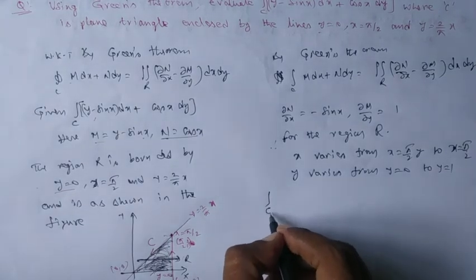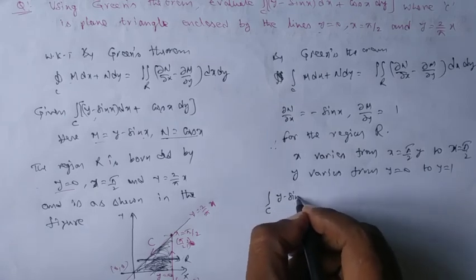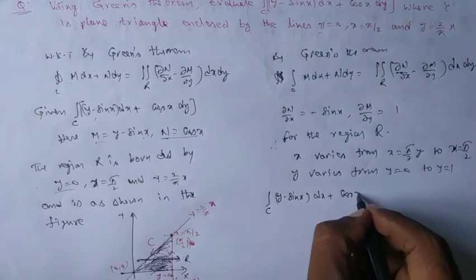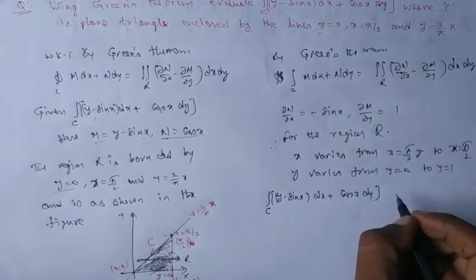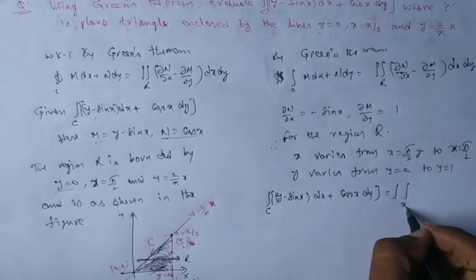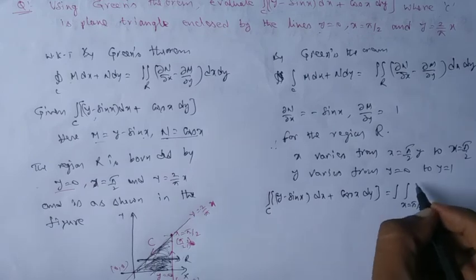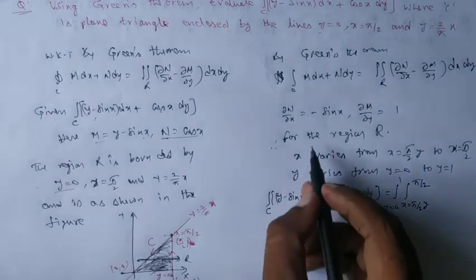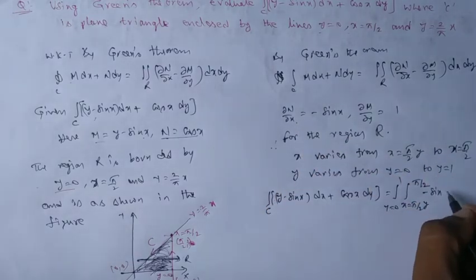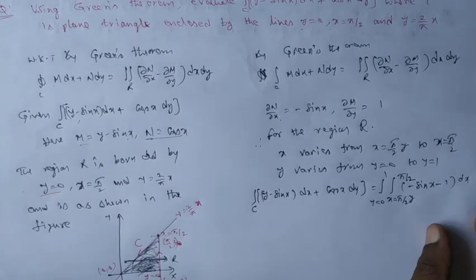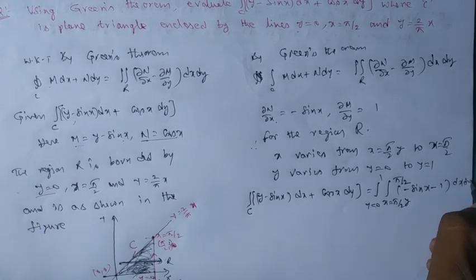Therefore the integral over C of (y minus sin x) dx plus cos x dy equals the integral, and see that I am writing the x limits first, x equal to pi by 2 y to pi by 2, and y equal to 0 to 1, of (∂N/∂x, which is minus sin x, minus ∂M/∂y, which is 1) dx dy.